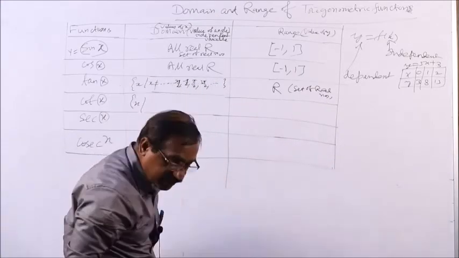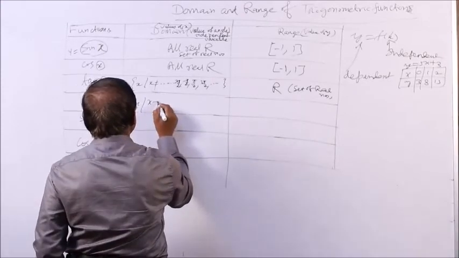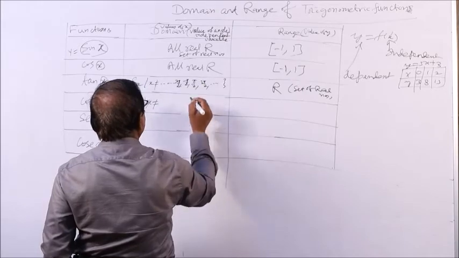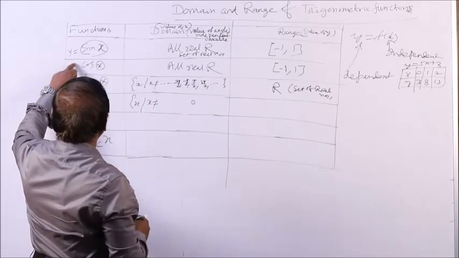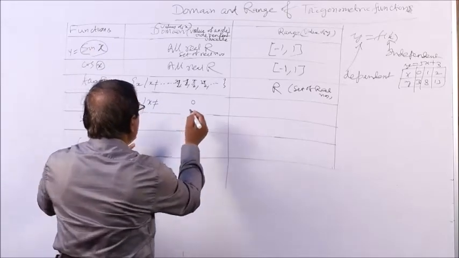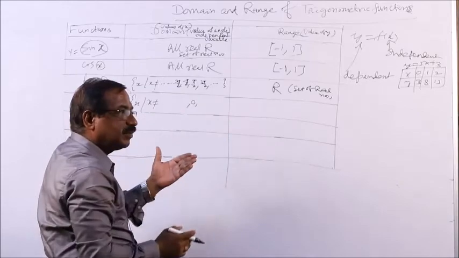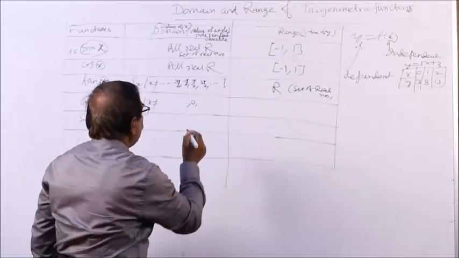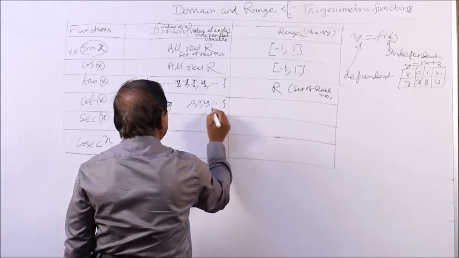Similarly, here what will happen? This is the set of all x such that x is not equal to 0, because cot is cos by sin, cos 0 is 1, sin 0 is 0, and 1 by 0 does not exist. So for that reason we are excluding these values of x for which this function does not exist. These are 0, pi, 2 pi and so on, these values cannot be taken.